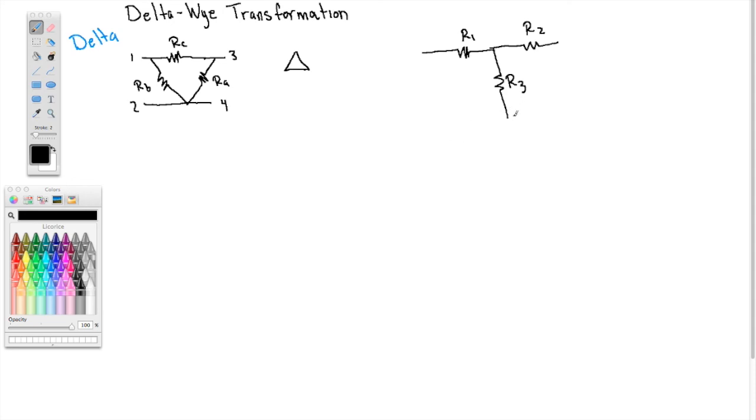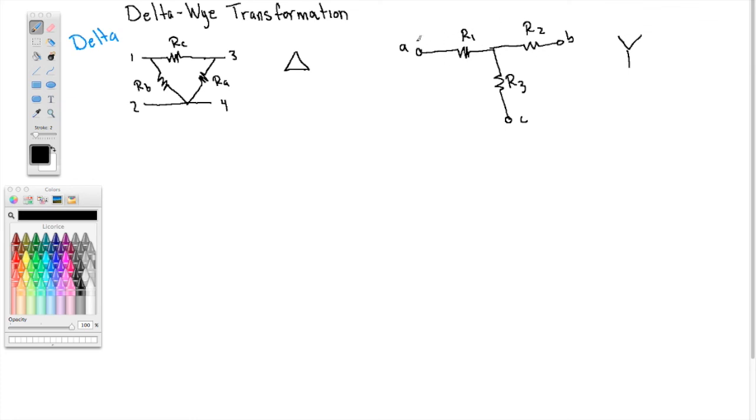All right, and this is also, we'll call this A, call this C, call this B. This is a 3-terminal network as well. And this is the Y configuration. So you can imagine if I didn't draw R1, R2, R3 at right angles here, I could have drawn them like this, equivalently.